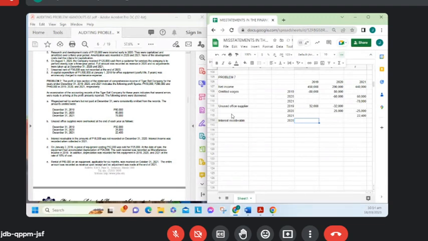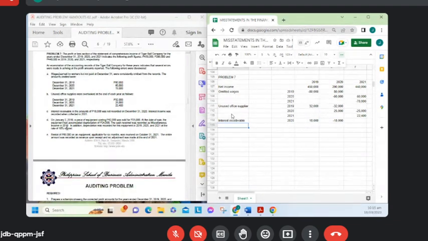So 2020 is understated by 18,000, overstated naman. Sorry, understated, overstated. Okay. Letter D, on January 2, 2019, a piece of equipment costing 42,000 was sold for 25,000 pesos.